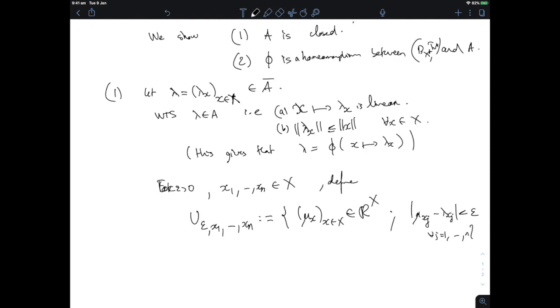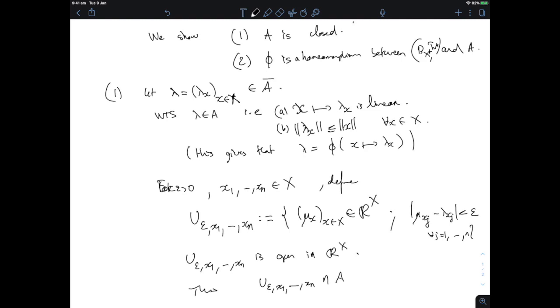Now that is an open set in R to the X, right? By definition of the product topology, I'm really taking here a finite product of open sets in R. Now, this is open in R to the X, and it's an open set that certainly contains lambda, because lambda xj minus lambda xj would be 0.